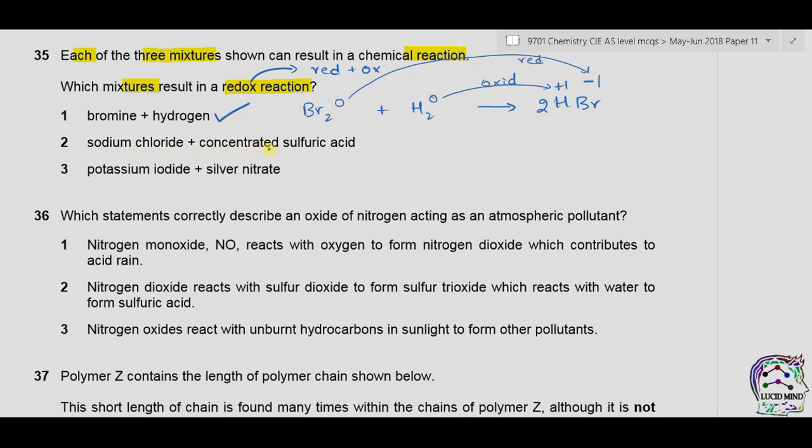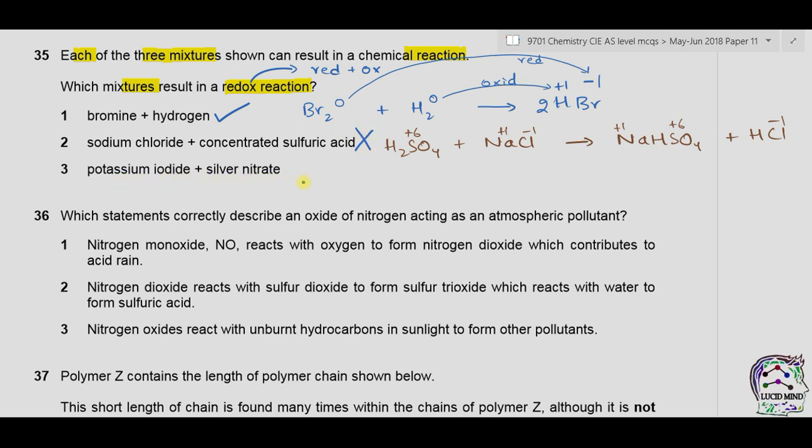2 is sodium chloride plus concentrated sulfuric acid. Now concentrated sulfuric acid can react with sodium chloride to form sodium hydrogen sulfate along with HCl. The oxidation state of sodium is not changed. The oxidation state of chlorine is also unchanged. For sulfur, again it is unchanged. So 2 is not a redox reaction. 3.